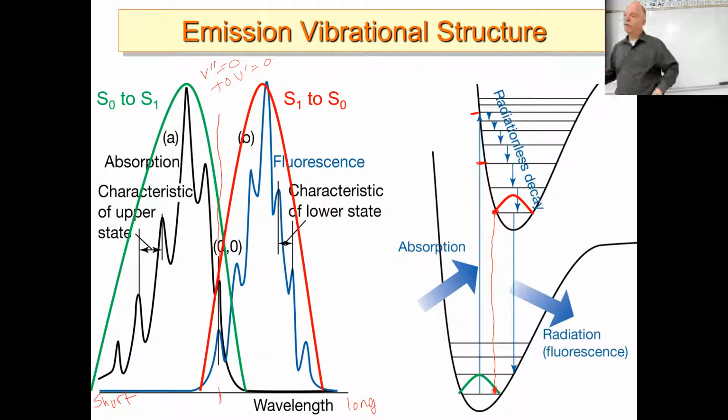Okay, so we have this molecule. It's excited by light, and then it spits out some infrared as it relaxes down. And it comes down here to the ground vibrational state and the ground electronic state, and then starts to emit.